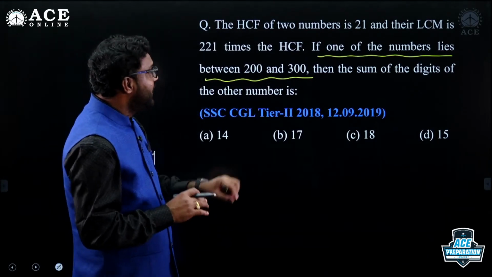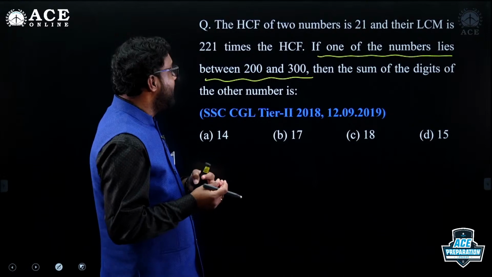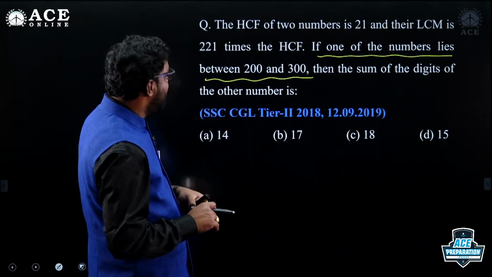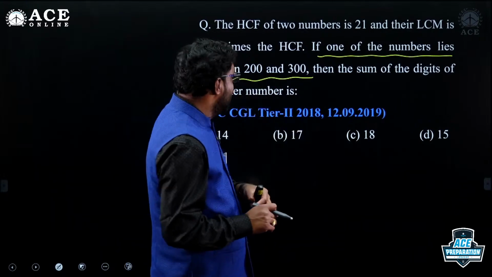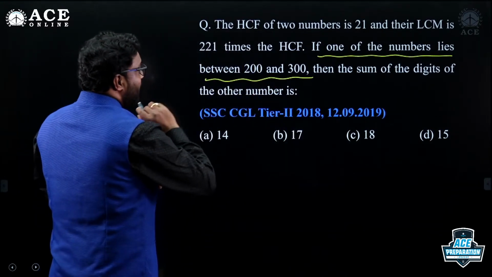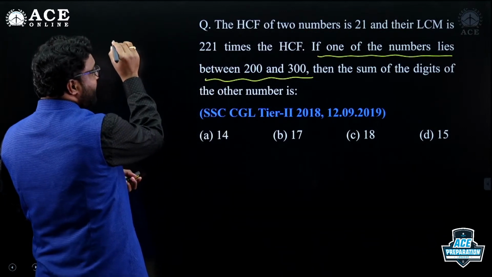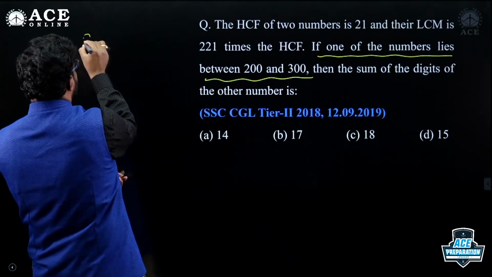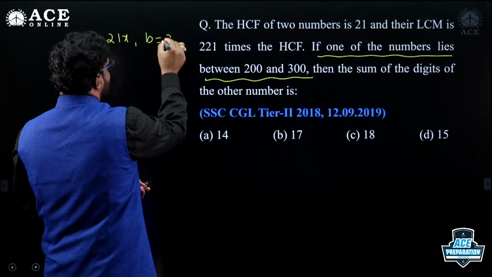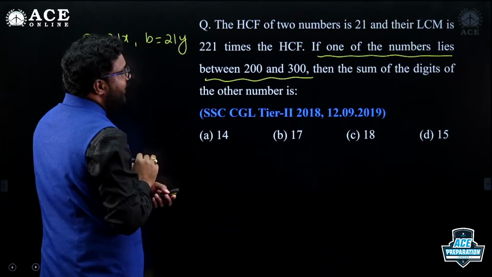Now see here, HCF of two numbers is 21 and their LCM is 221 times the HCF. If one of the numbers lies between 200 and 300, then find the sum of the digits of the other number. Now listen, HCF is 21. I can take the first number as 21x, the second number as 21y.